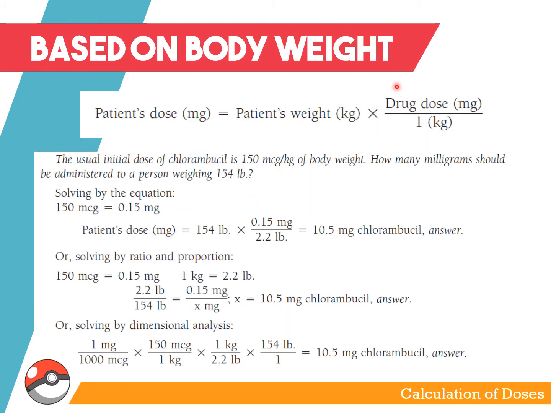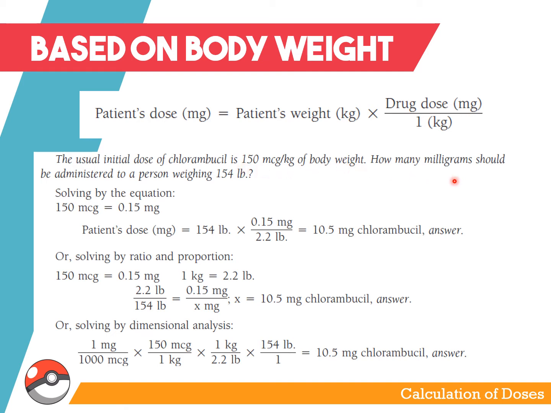Based on body weight, here is how you compute the dose. The patient's dose in milligrams is equal to the patient's weight in kilograms times the drug dose in milligrams per kilogram. Example: the usual initial dose of chlorambucil is 150 micrograms per kilogram of body weight.